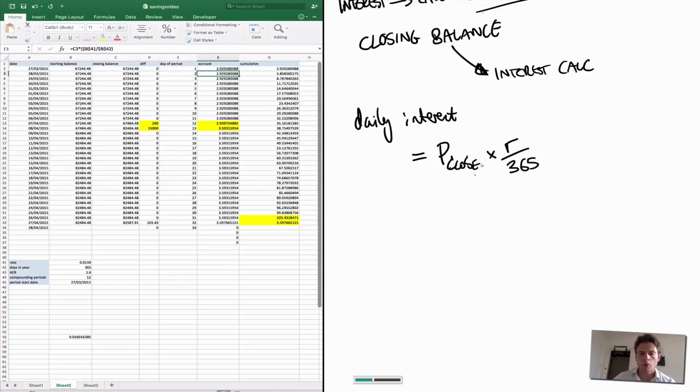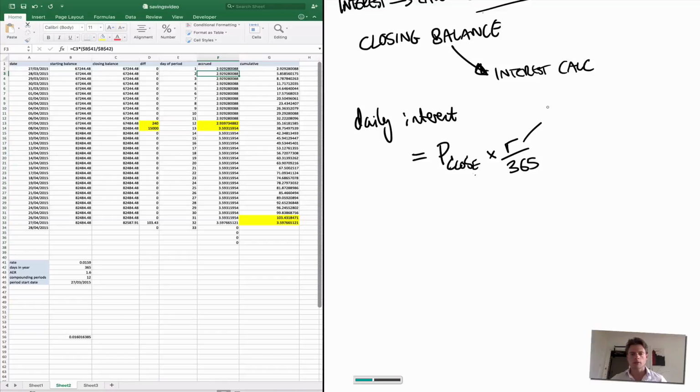Normally, if the balance P stays fixed throughout the year, I just divide R into 12 chunks, so R divided by 12, and once a month I make a payment with that amount, and that compounds month by month.